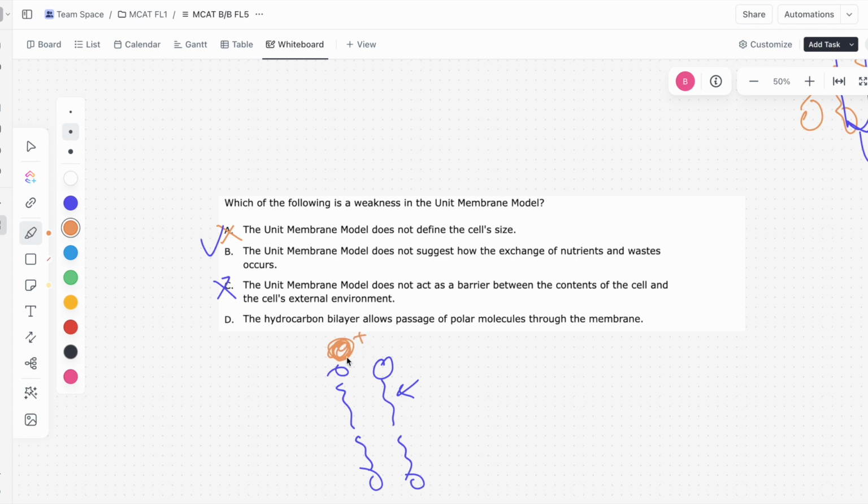These polar molecules, plus charged or minus charged, or maybe they're hydrophilic in another sense, maybe they like to bond onto water, it's going to have a very difficult time going through this passage of hydrocarbon tails because the hydrocarbon tails are hydrophobic and the polar molecule is polar, it's hydrophilic. So D is not a weakness because the hydrocarbon bilayer will not allow polar molecules through the membrane in the first place. This statement is just false. So that leaves us with B as the correct answer for this question.